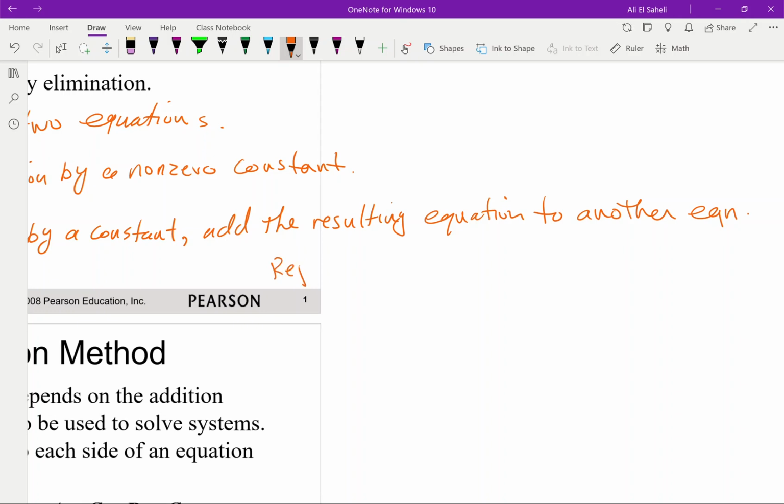Then you replace this other equation by the resulting equation.